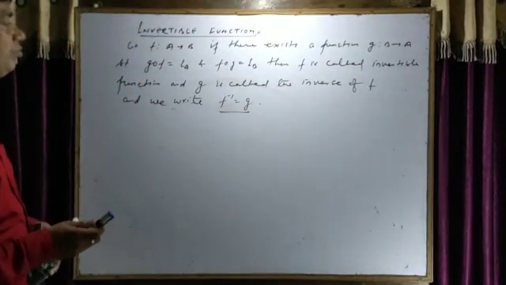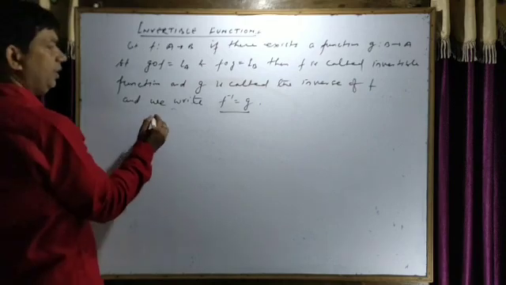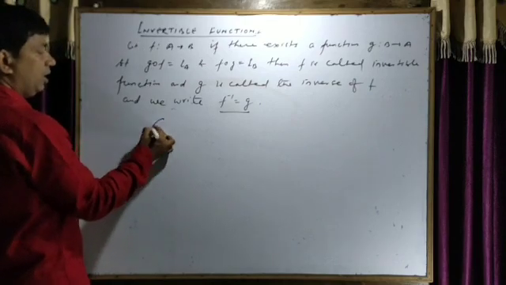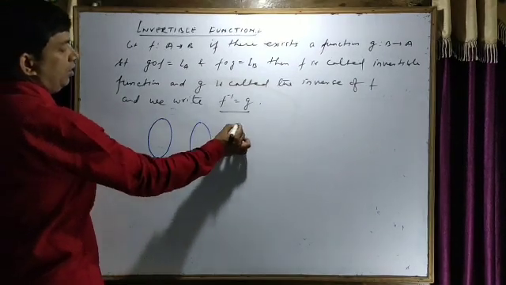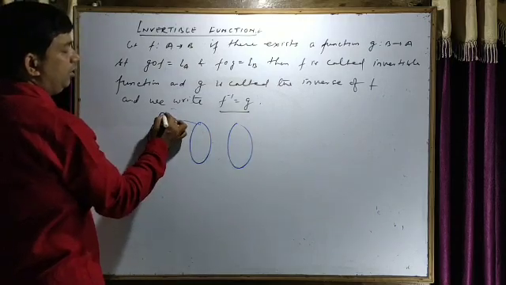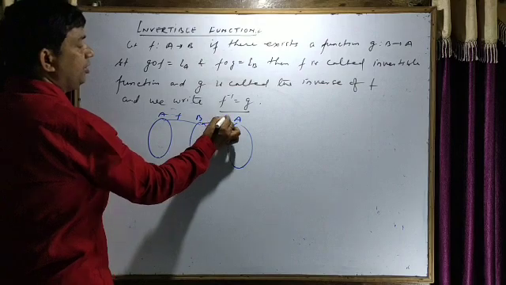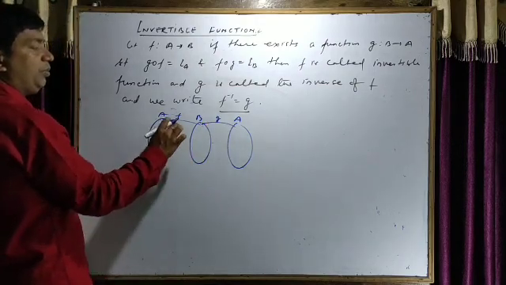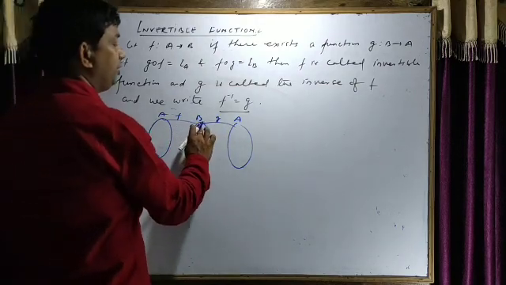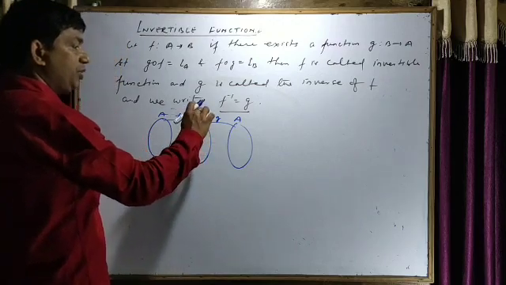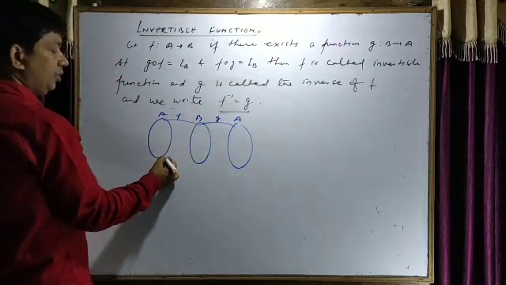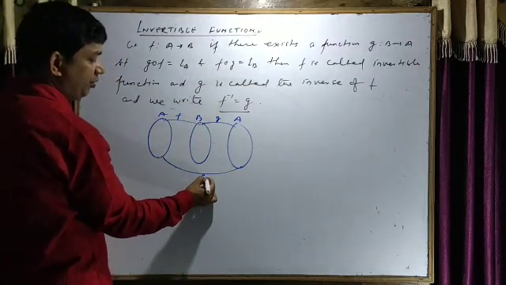Now here it is given A, B, A. This is f, this is g. So f is a function from A to B and g is a function from B to A. So this is gof.